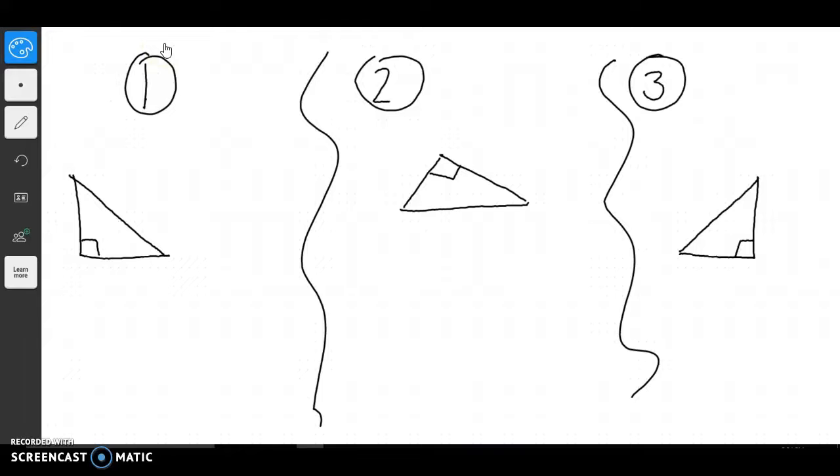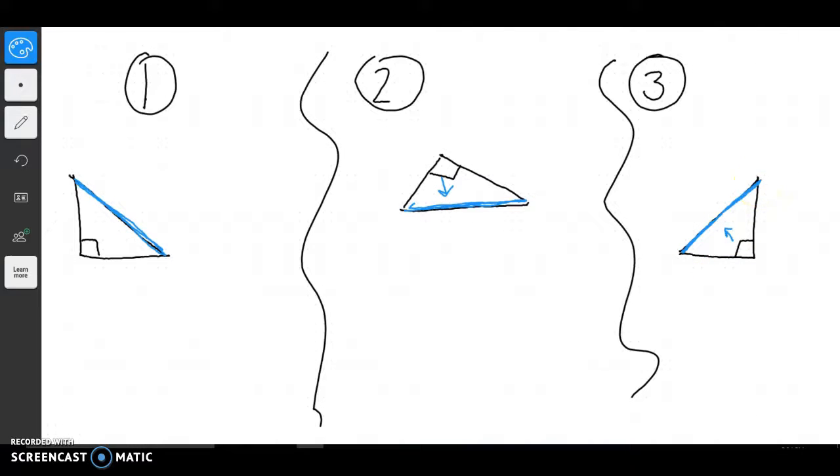And again, the hypotenuse should be the side opposite of the right angle. So in this first one, the hypotenuse would be this side right here. On the second one, again, it's across from the right angle, so it would be this one right here.